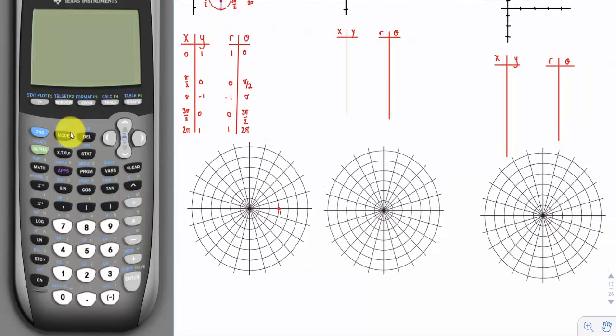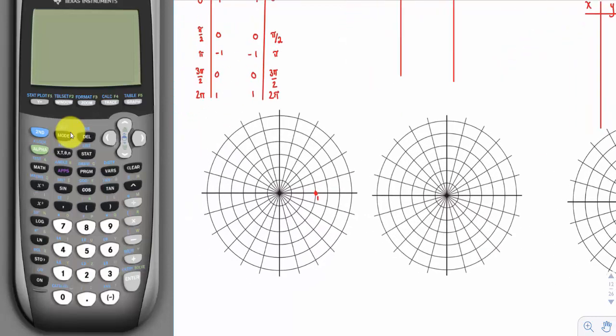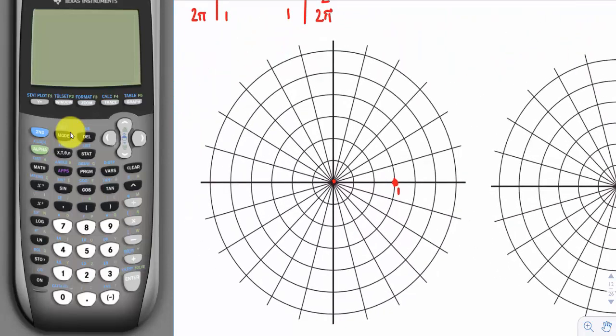Your next point is going to be 0, pi over 2. And this one is maybe a little tricky, but you're sitting here at 0, and you're taking a point and rotating it pi over 2 radians. Now normally that's 90 degrees, but you're at 0. It's got nowhere to go. I mean, you can rotate that, but you're just taking the circle and turning it, and you're not really doing anything. So this is my second point.